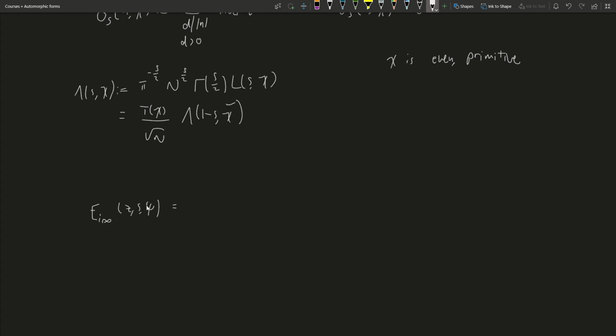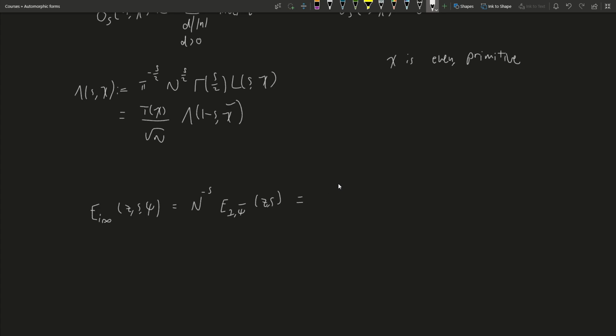And again, here we're assuming that psi is even primitive mod n. It's going to be n to the minus s, E_1 psi bar, z, s. This is just what the theorem in Young's paper says.